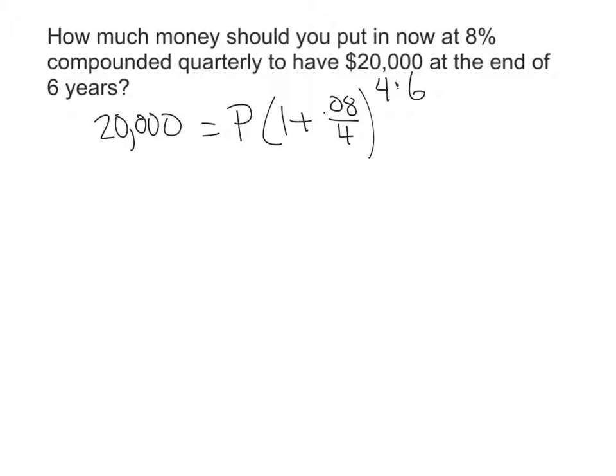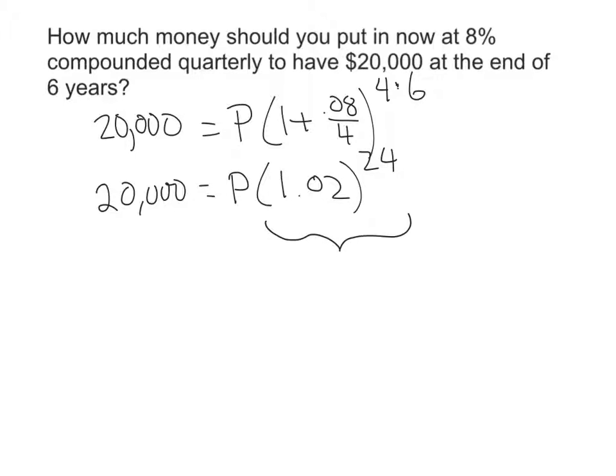So if we simplify this and clean this up a little bit, we have 20,000 equals P times 1.02, that's 8% divided by 4, written as a decimal, and added to 1, to the 24th power.